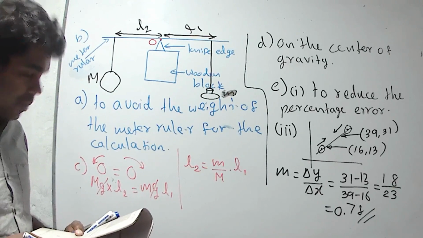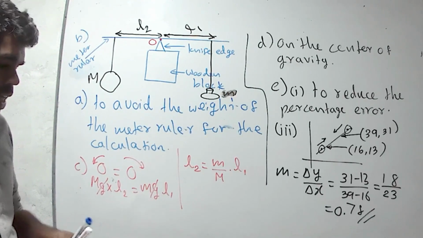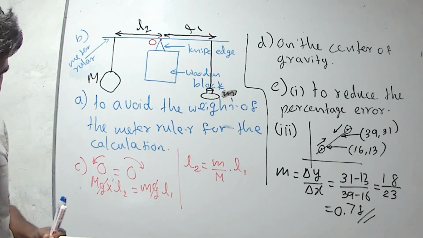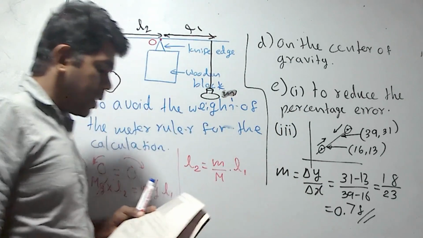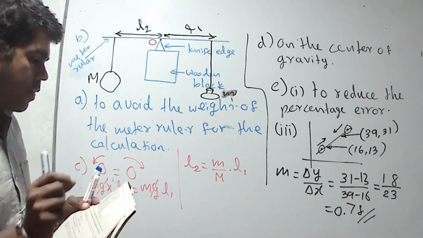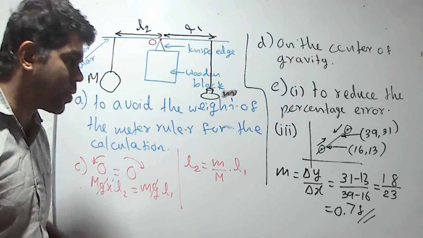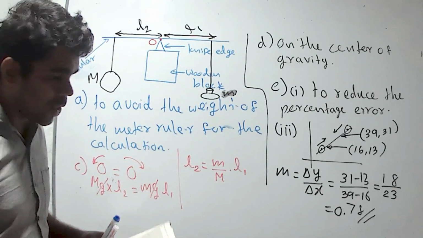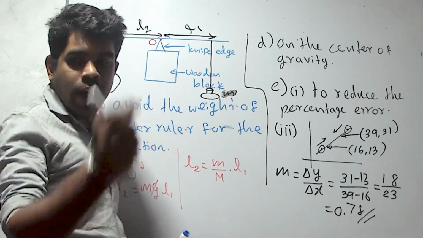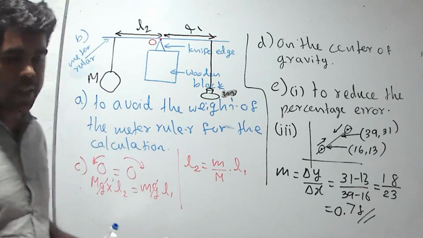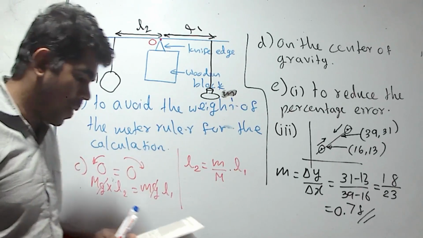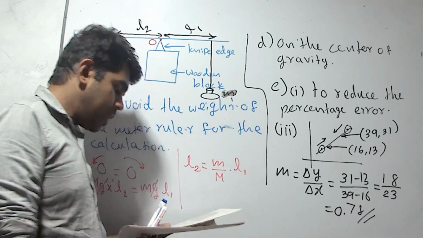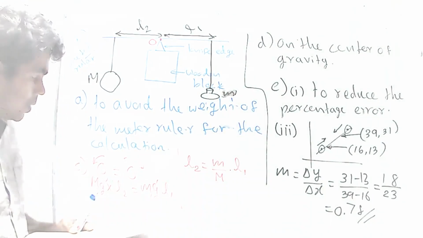I have not considered units because the y-axis is given in centimeters, which means the value is multiplied by 10 to the power minus 2. The x-axis is also in centimeters. Difference of y divided by difference of x is centimeters divided by centimeters. The unit cancels. Therefore, there is no unit for the gradient.